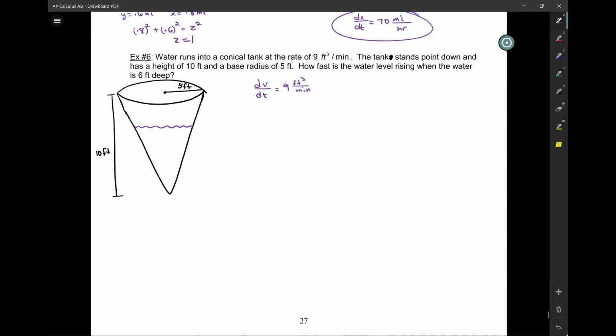So that is H. I need how fast the level of the water is rising. So what is dH/dt? When is all this happening? When the water is 6 feet deep. Okay, the point at which the water is 6 feet deep.